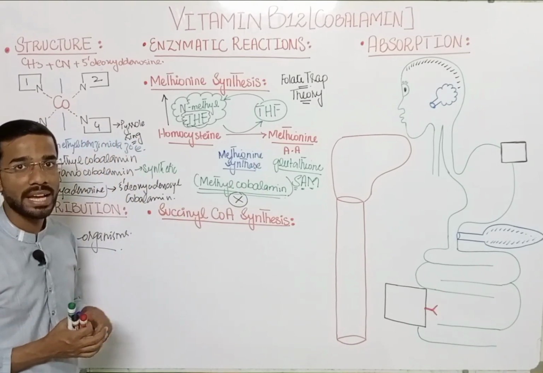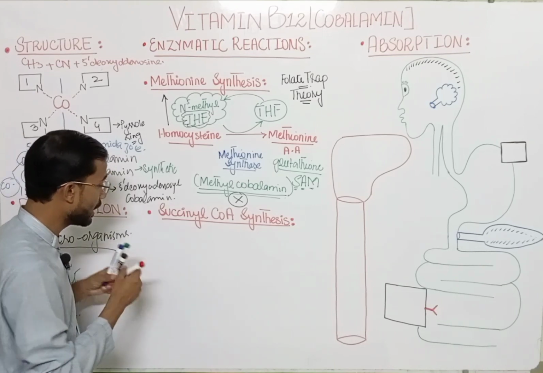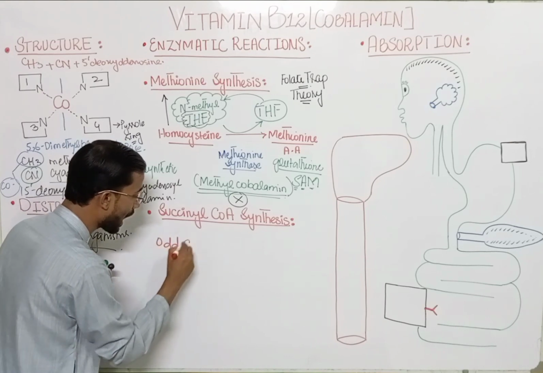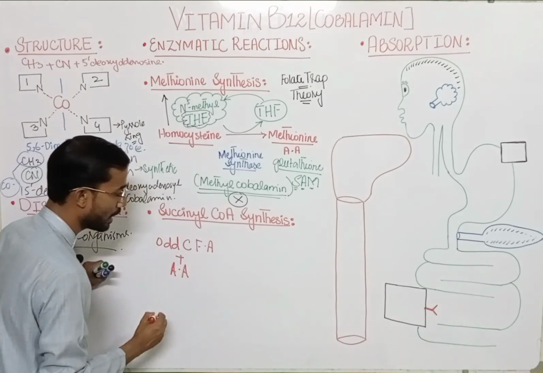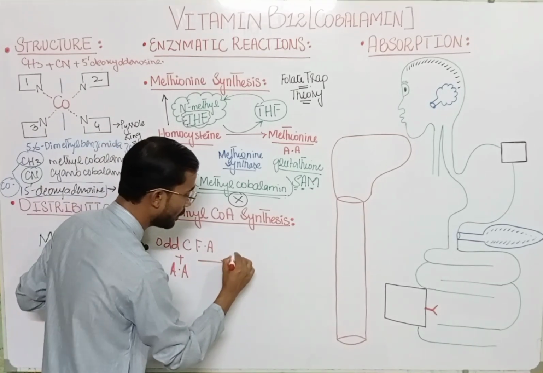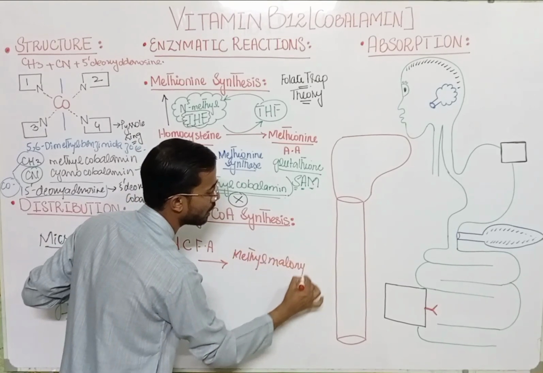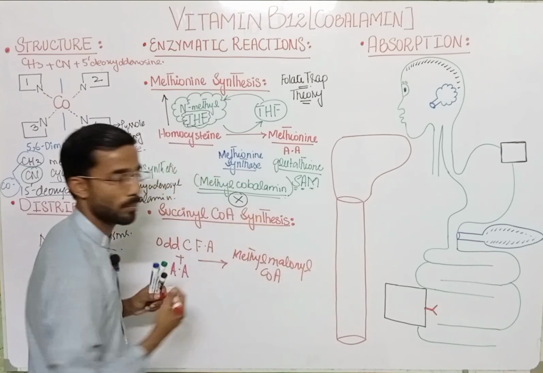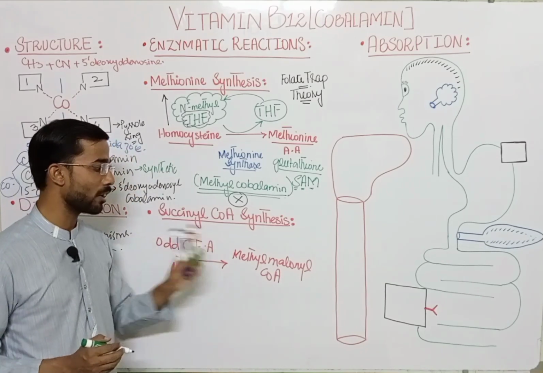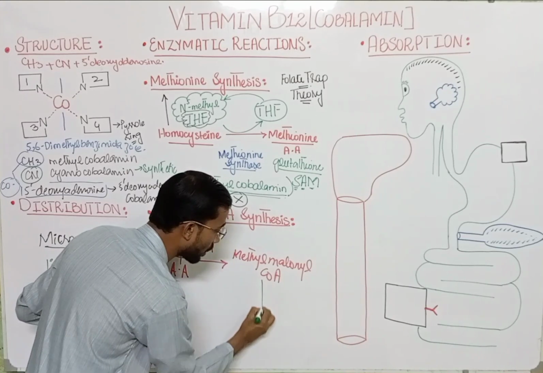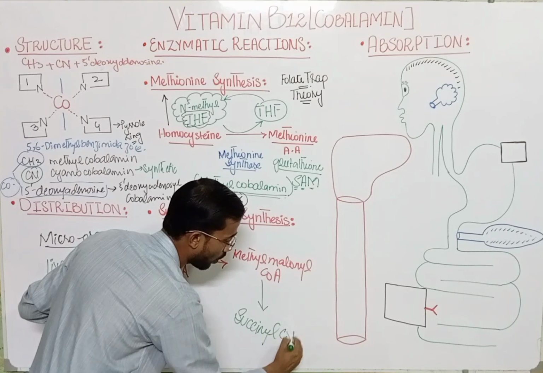Second is the succinyl CoA synthesis. In that system, you will see odd-carbon fatty acids plus amino acids convert into methylmalonyl CoA, and methylmalonyl CoA converts into succinyl CoA.